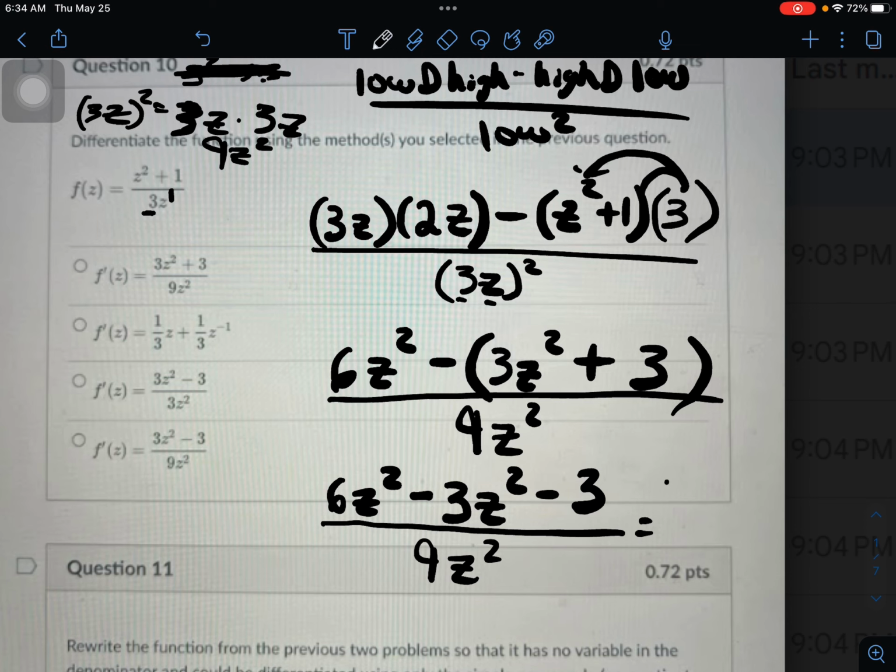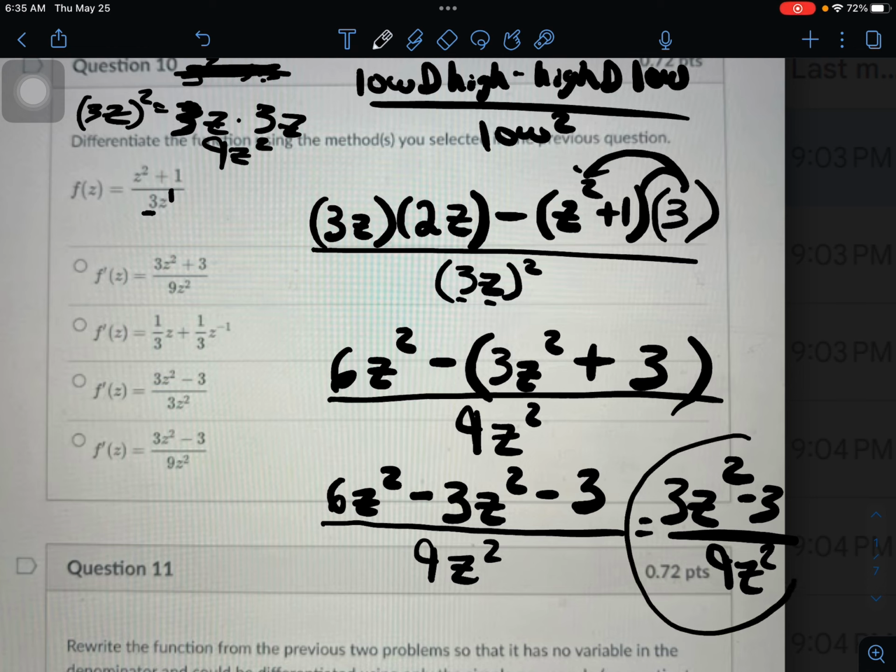That was combining these two. Then I still have this, minus 3, all over the bottom, which is 9z squared. And that's your answer, right there, which is this one. It's your last one.